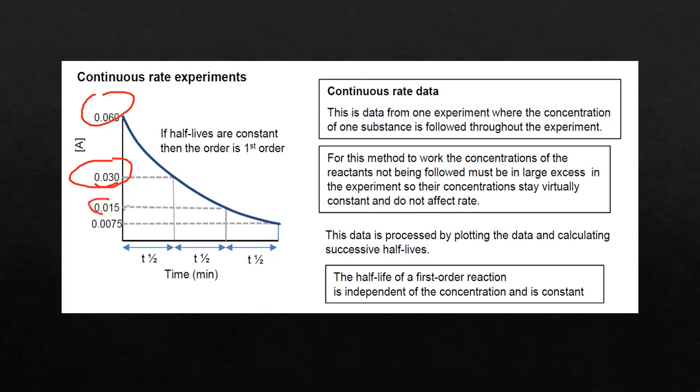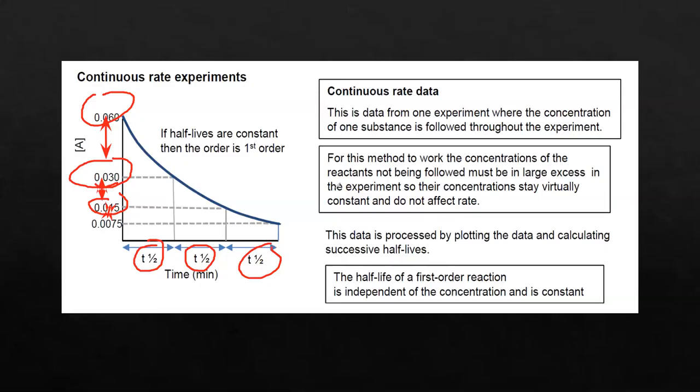So whenever I find the time interval for the change from one concentration to another, what I will observe is that all these time intervals are the same. If half-lives are the same, this also shows that this reaction is a first order.